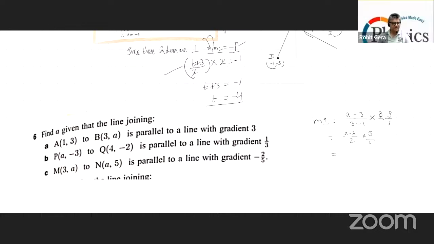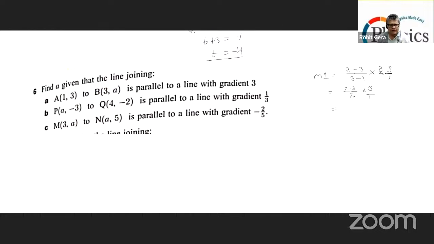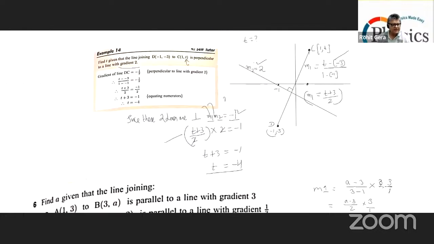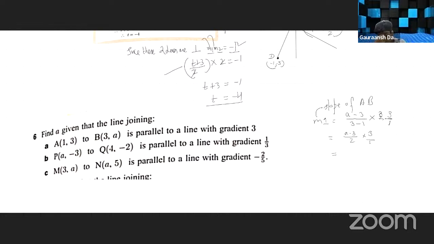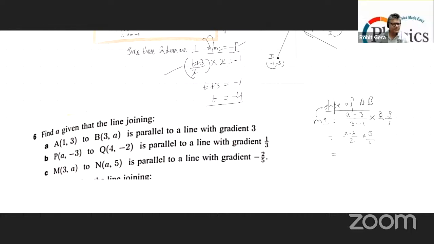Okay, let me see till what you've done. So this is the slope of AB. You've done A minus 3 upon 3 minus 1. Perfect. So A minus 3, keep it like this.